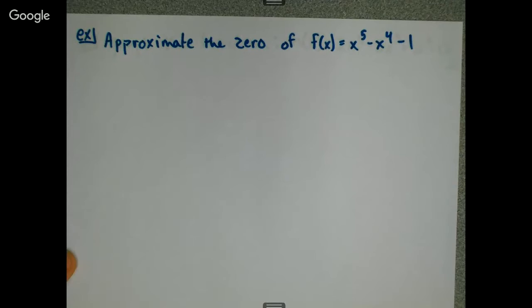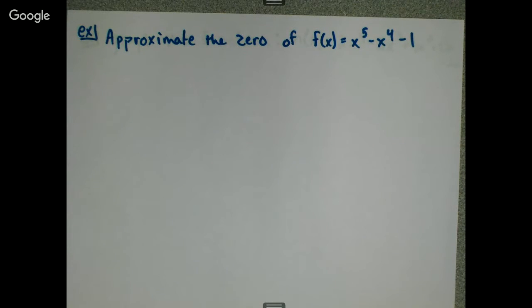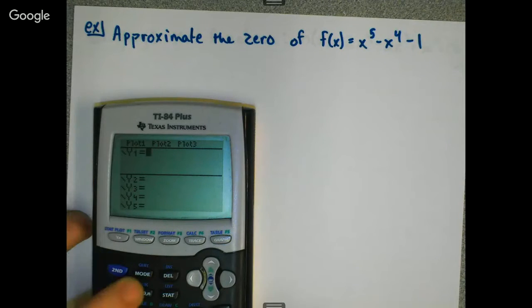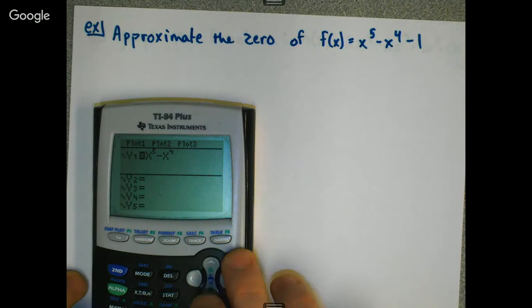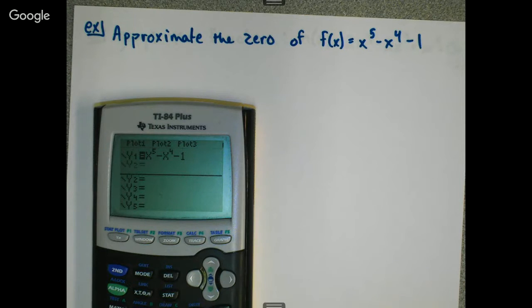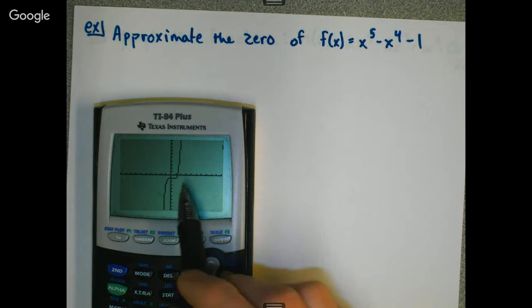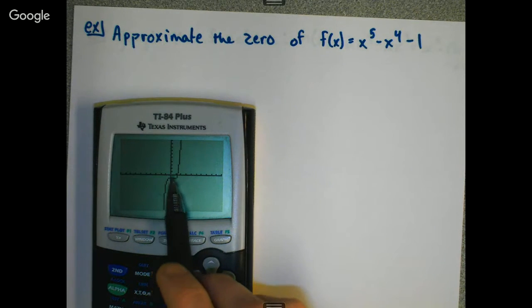So approximate the 0 of that function right there. If we quickly look on the graphing calculator, x to the 5th minus x to the 4th minus 1, and graph that, I can look right here, and here's 0 and here's 2.